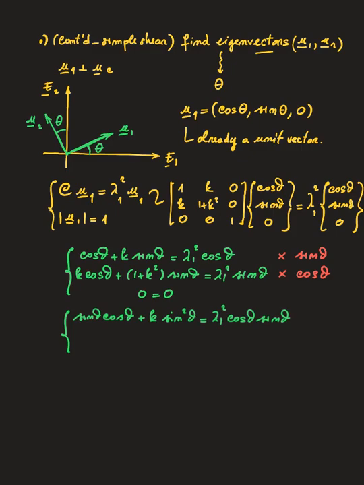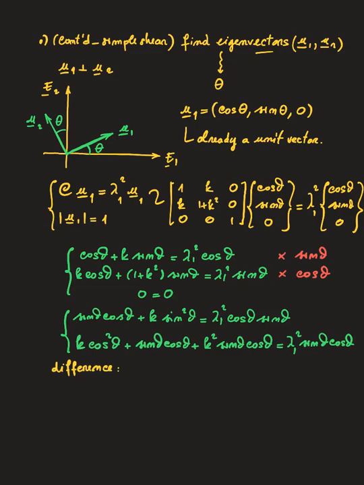So we have k times cos squared and then plus, let me expand this, sine theta cos theta, and then plus k squared sine theta cos theta, equal to lambda 1 squared sine theta cos theta.